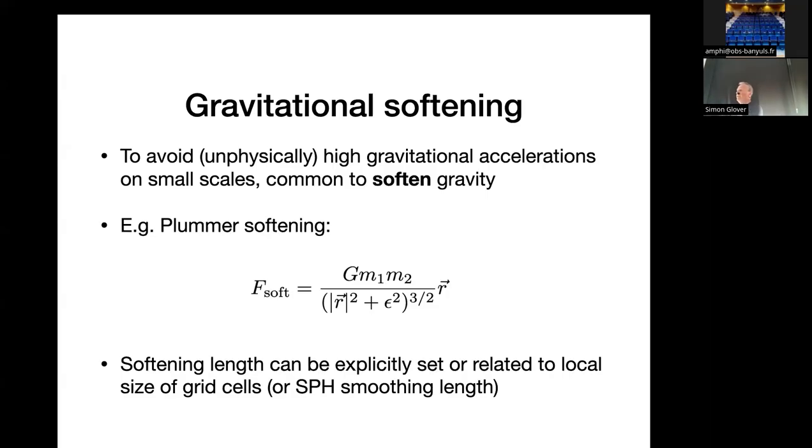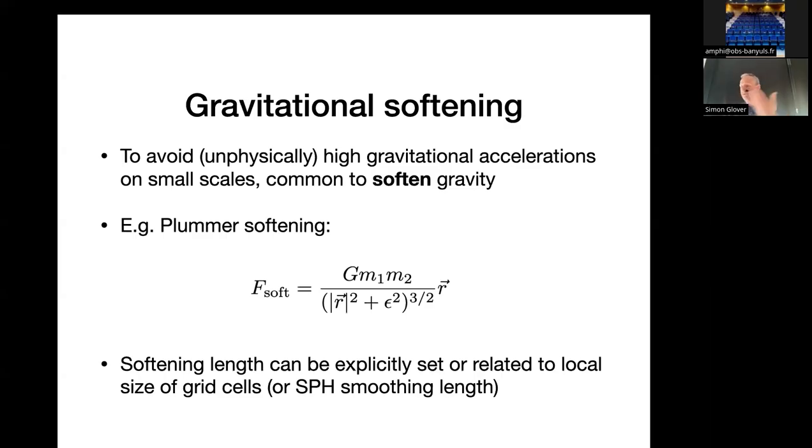A more subtle issue is gravitational softening. Gravitational softening is basically adding an extra term into the denominator of our force equation, this softening term. This is the simple example of Plummer softening. And the idea is that we want to avoid getting very high gravitational accelerations on very small scales. Now, there are two reasons for this. One is computational.